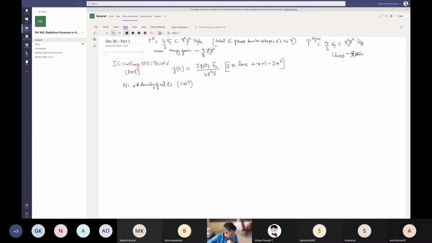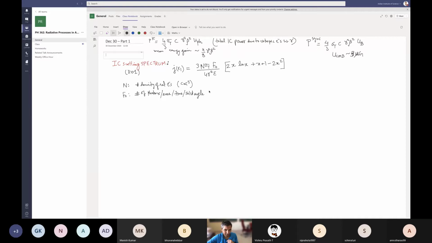Okay, what is F_0? F_0 is number flux. This is the number of photons, not energy flux, so you have to multiply it by epsilon to get the energy flux. It is the number of photons crossing per unit area, per unit time, per unit solid angle.